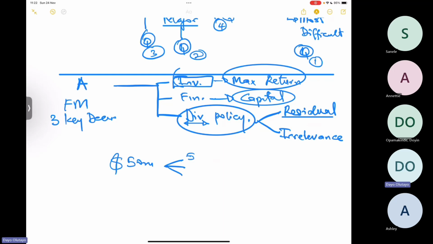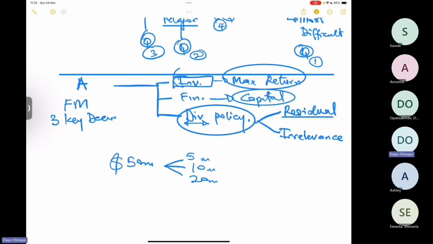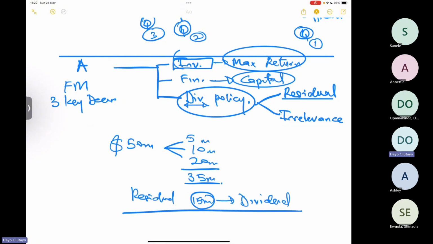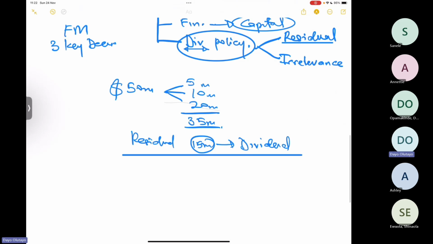You find 5 million investment, 10 million investment, 20 million investment, and you cannot find any investment opportunity that makes sense again. It means that you need to invest 35 million. And the residual amount left will be how much? That's 15. So it's 15 million you're going to share as dividend. That is what residual policy is talking about.